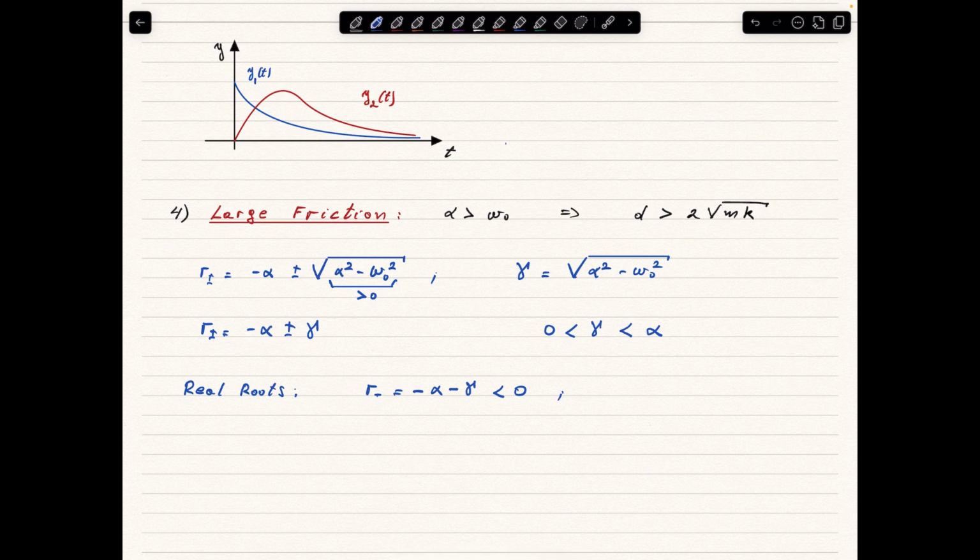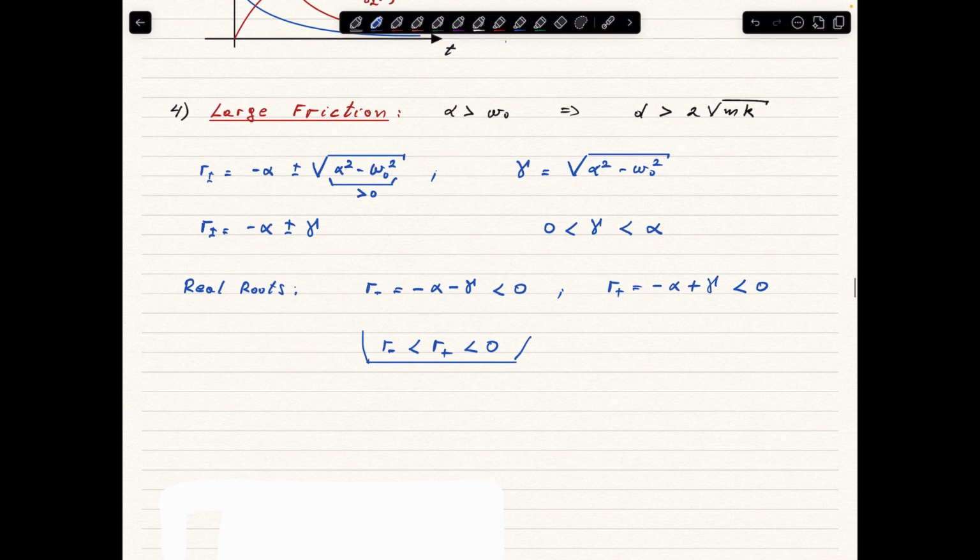But r plus, which is negative alpha plus gamma, because of this relation that gamma is smaller than alpha, is also negative. So both roots are negative. R minus is smaller than r plus, but they are both negative. That's an important property of this case.